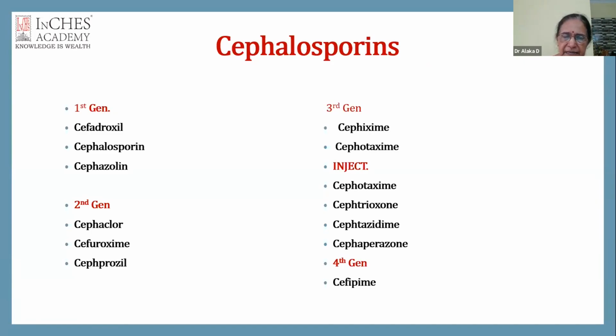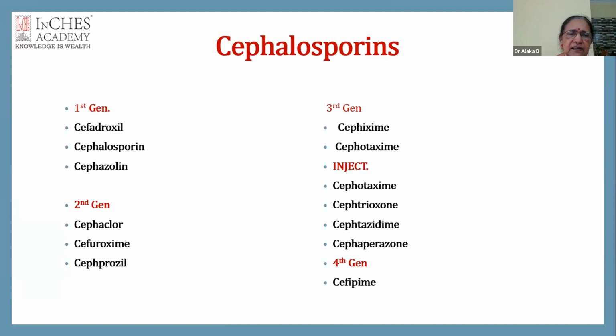Then there are injectable cephalosporins, as you all know: cefotaxime, ceftriaxone, ceftazidime, cefoperazone. And the fourth generation is cefepime. These injectable cephalosporins and the fourth generation cephalosporin we usually use in the intensive care unit or for patients who are going into sepsis.